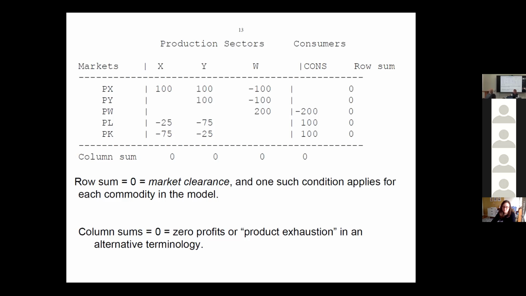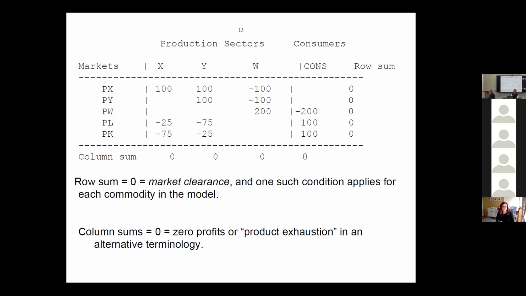And then welfare is produced, again, get your mind around that, by taking 100 units of X and 100 units of Y and producing 200 units of utility, of welfare W. And then the consumer income column: you derive income from selling labor and capital to the market, 100 units each, and with that you purchase an input of utility.